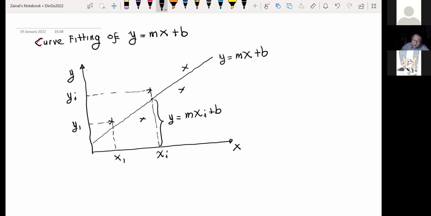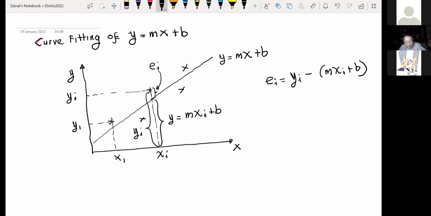While from here to here is yi. So the difference between the data, this one, is the error: ei equals yi minus mxi plus b.